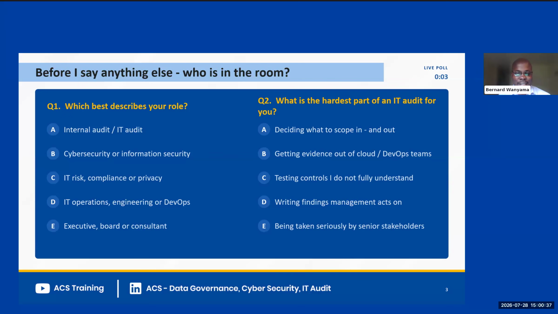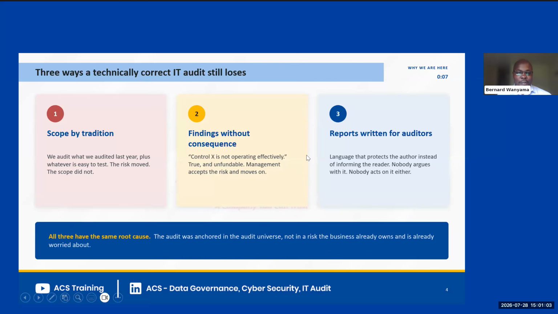Another 40% is on extracting evidence out of the cloud or DevOps, the teams or the infrastructure or whatever sources you have to work with. And then 20% is on testing controls that may not be fully understood by the auditor. Okay, so let's move on quickly.